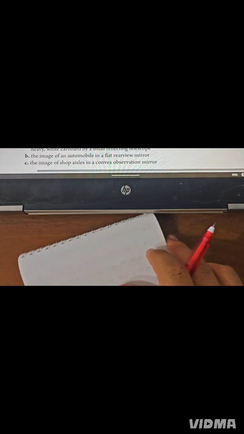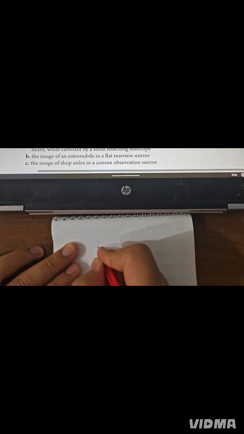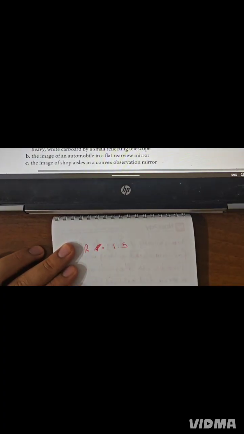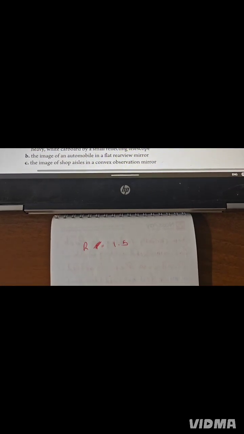First, you have the radius R equal to 1.5.